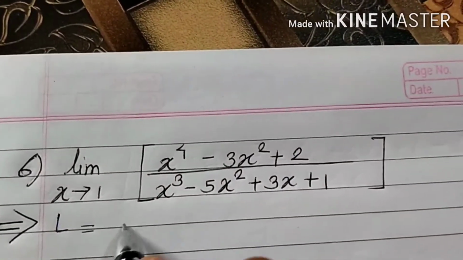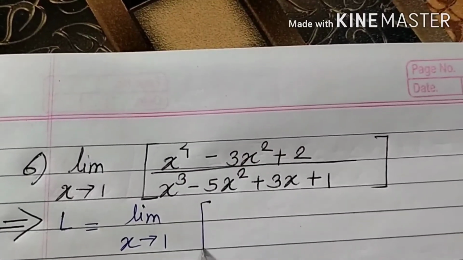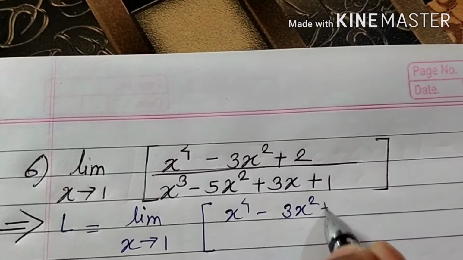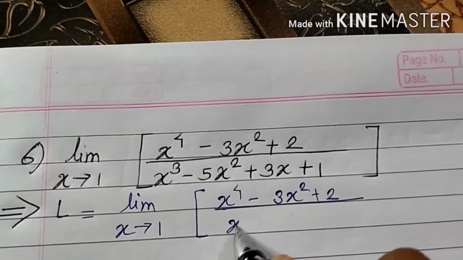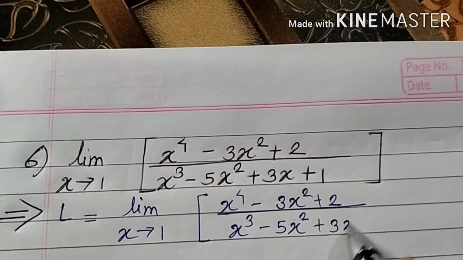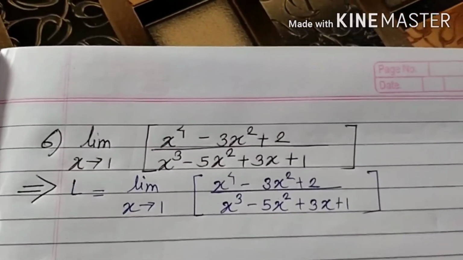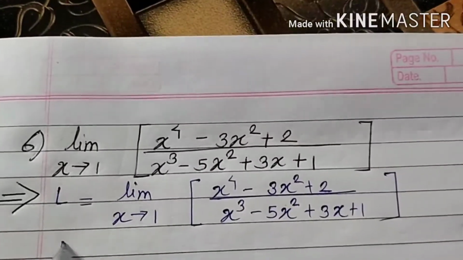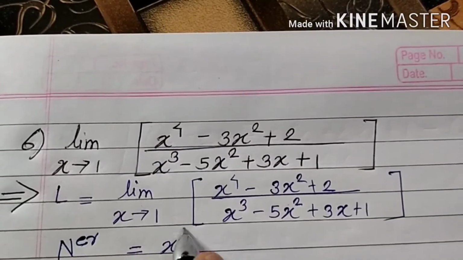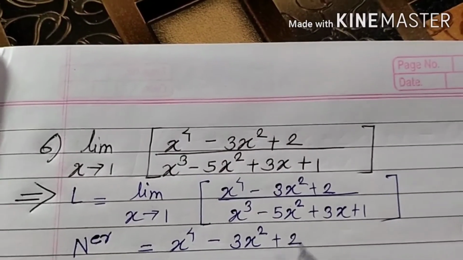First write limit L. So for the numerator, x raised to 4 minus 3x square plus 2.